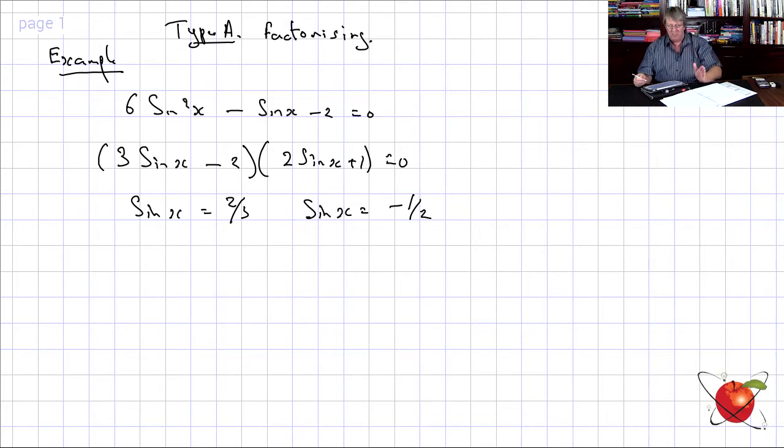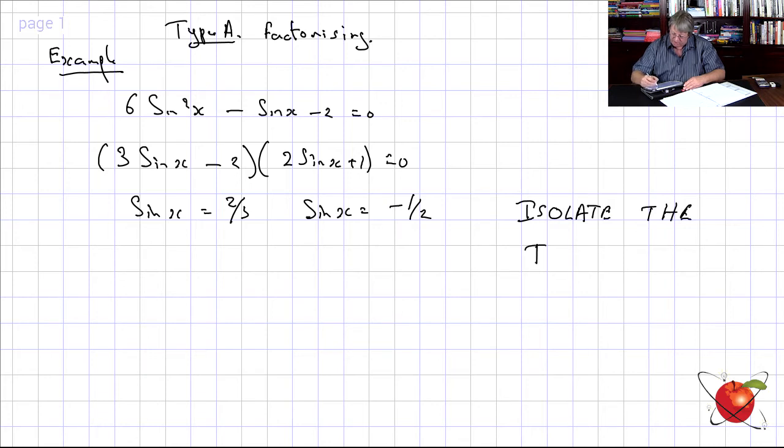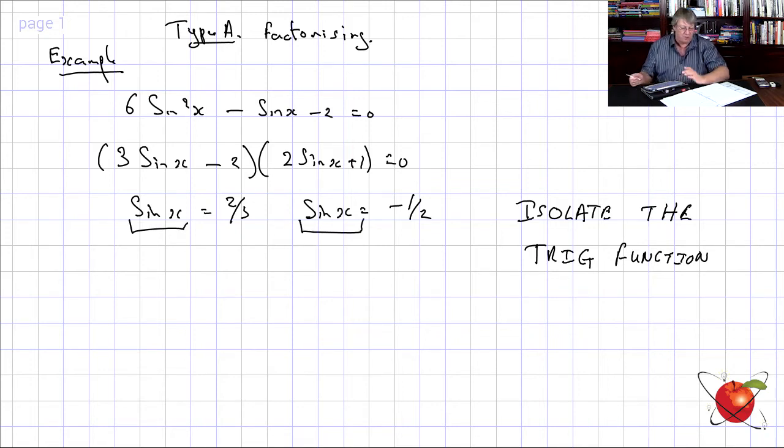Do you remember in every trig equation, what was the first thing we did? We isolate the trig function or expression. Can you see by factorizing that's what we have done, right? Now we can solve normally.